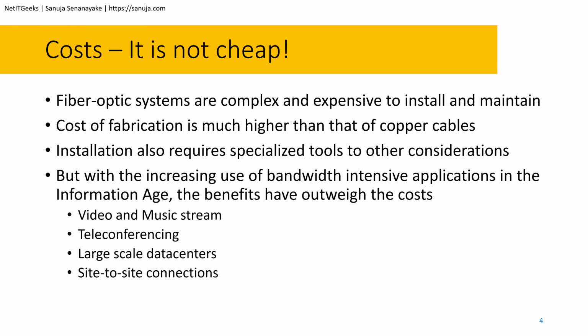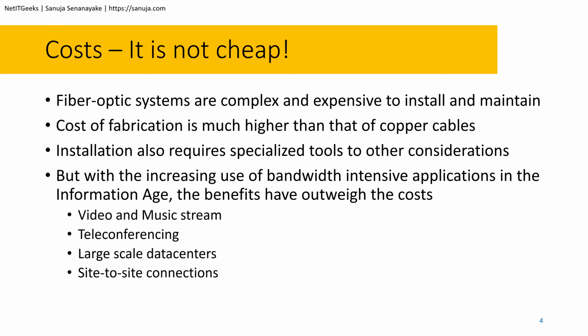So you need to understand that the reason we use these cables is the quality of data transmission, not because the cost is really cheap, at least not the initial infrastructure cost, which as a structured cabling engineer you are going to have to take into account. Fiber optic systems are therefore complex and expensive to install and maintain.